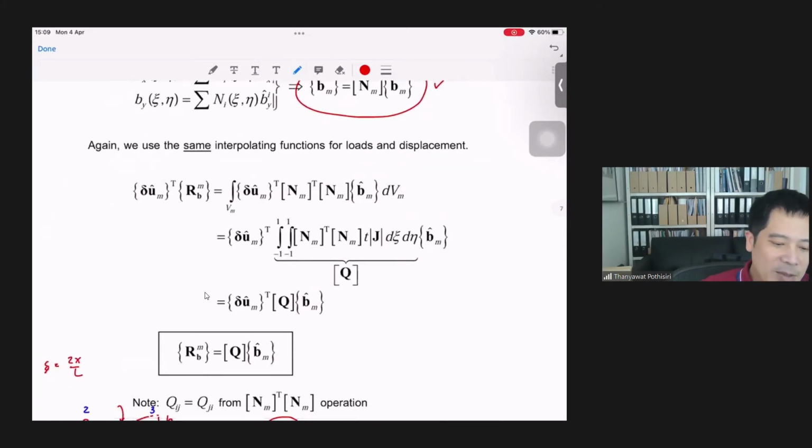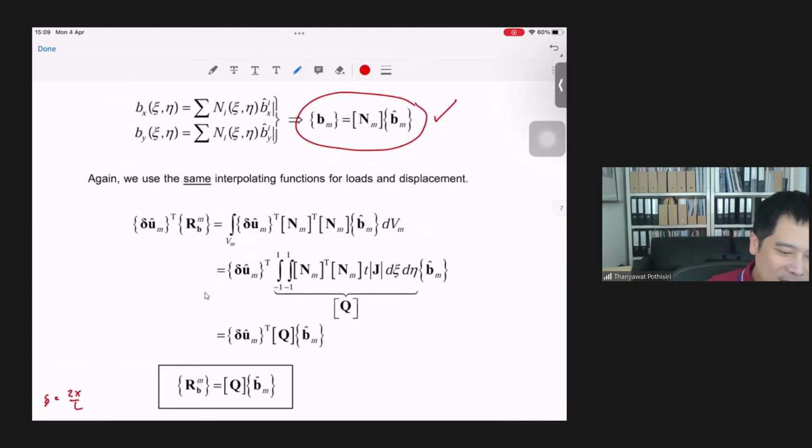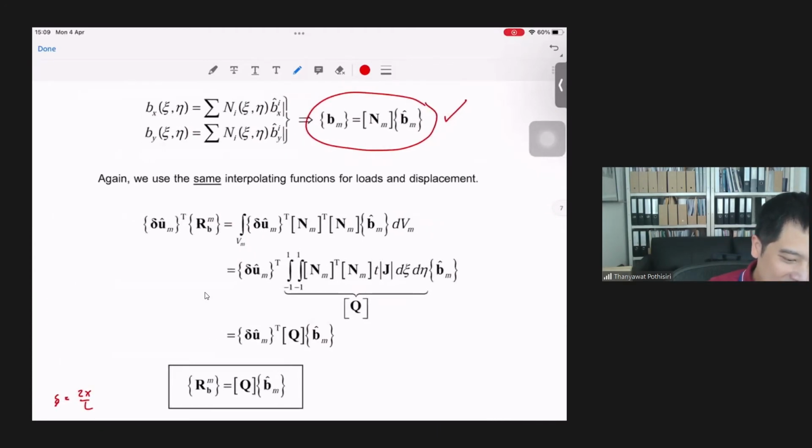So in this case, you would end up with something like this, which again gives you the same form of the Q matrix that we have seen before. Before, we used the Q matrix to obtain the work equivalent body force, and you can do the same thing here for quadratic elements.